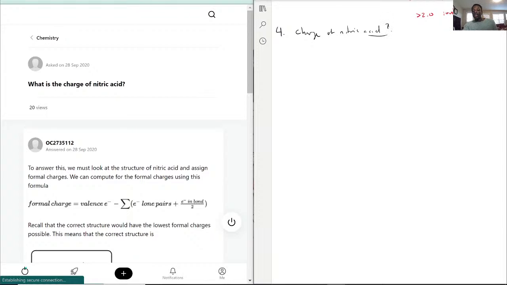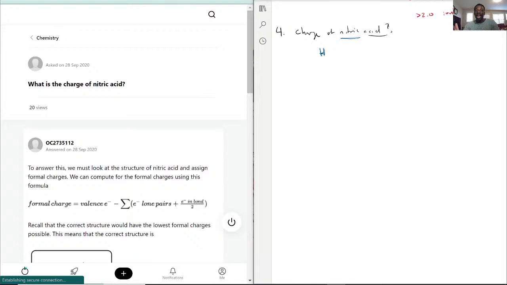The first thing here is you have to understand what nitric acid is, okay? We know there's a hydrogen, because acids need to have that proton. And what does nitric mean in this case? I'm not sure if you're familiar with the ion nitrate.